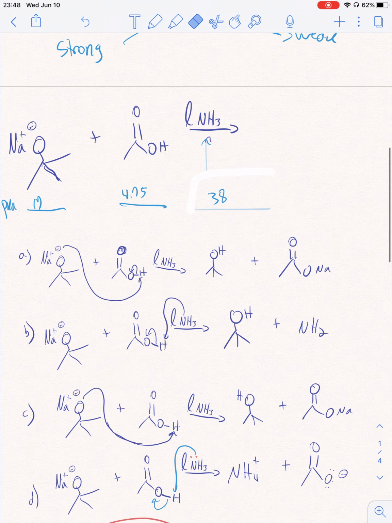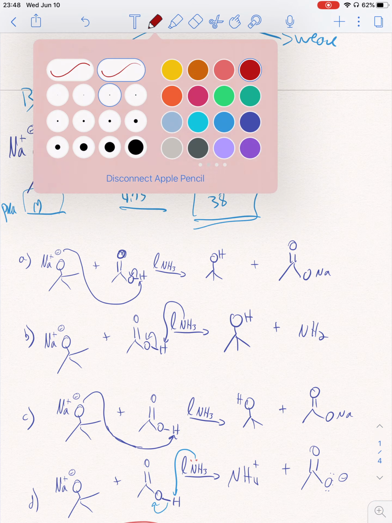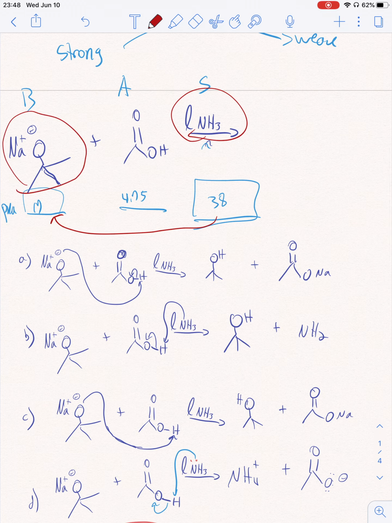This pKa is 38. This is 17. Oh, this is your base. Acid, solvent. This pKa right here is way higher than this one. So that tells me that our ammonia is a lot more basic than our sodium tert butoxide.